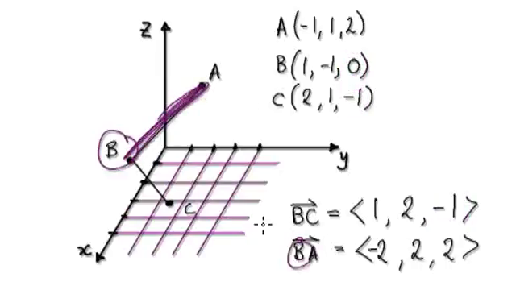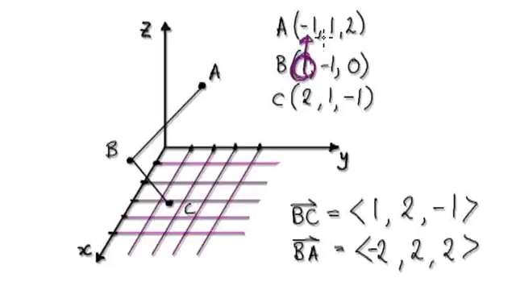And then now we need to extract this vector here. So we start at B, and then we've got to move to A. So I start at 1, and I've got to somehow get to -1. So that would mean I have to move 2 in the negative direction. So that would be this.